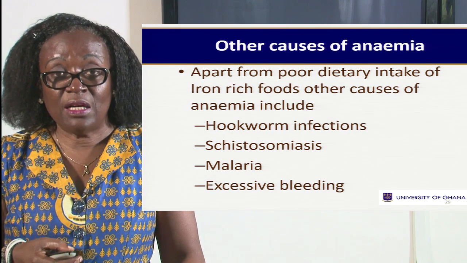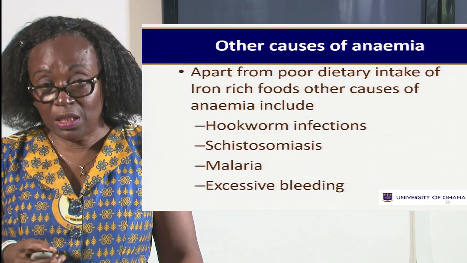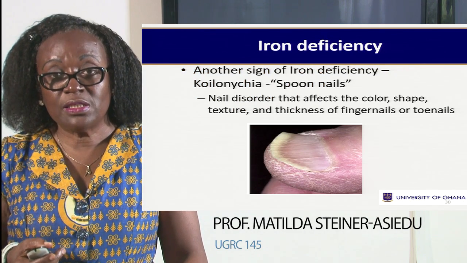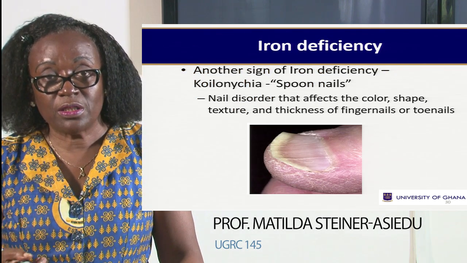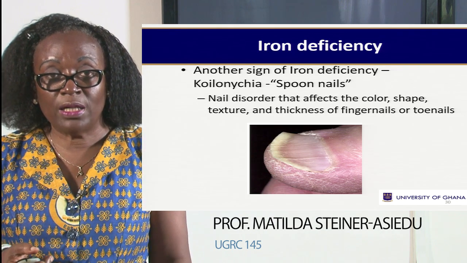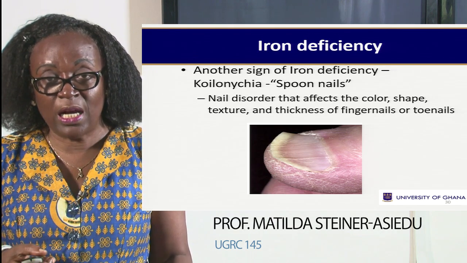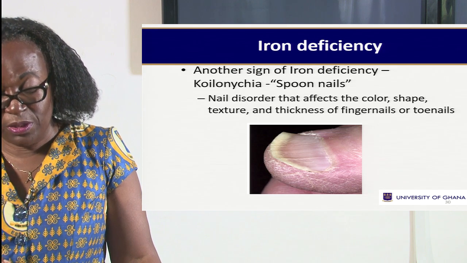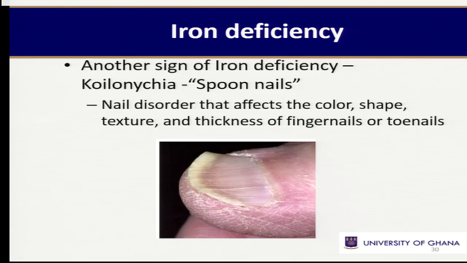And I've talked of other causes of anemia. I mentioned malaria. Another way we can see that one is anemic is when we look at our nails. Especially with adults, the shape of the nail can tell us that a spoon shape means there is anemia going on.